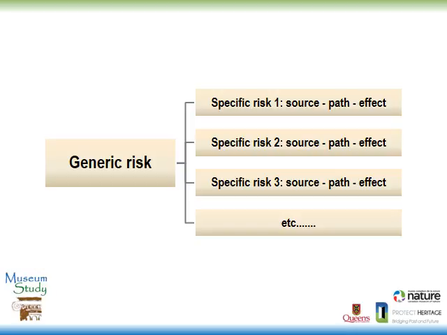These are type 2 risks, often best identified and defined by distinguishing different paths. Or finally, effects on the collection. What is the effect it's going to have? And most commonly, discerning different effects is the most useful for type 3 risks. But whenever we can, we like to think of all three, source, path, and effect, as we define a risk.